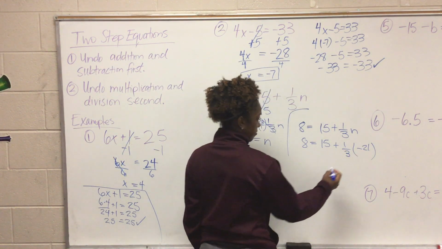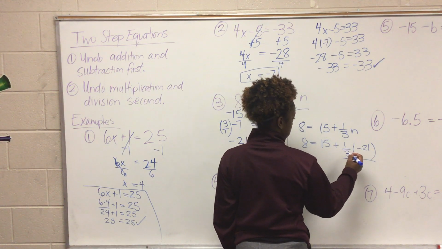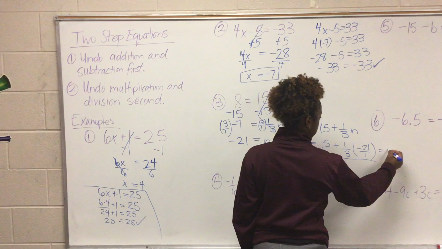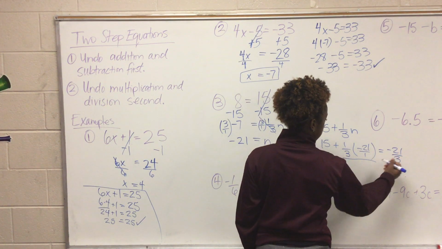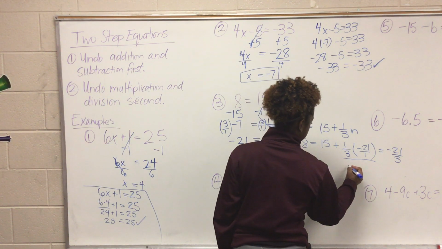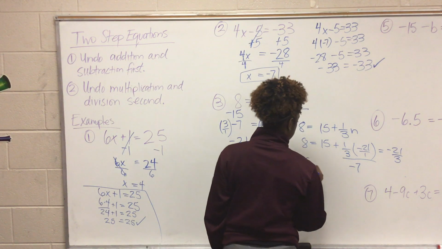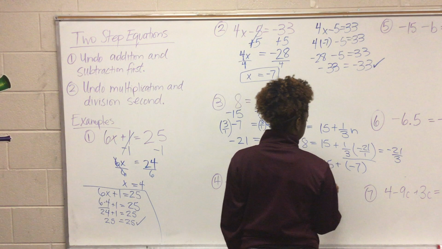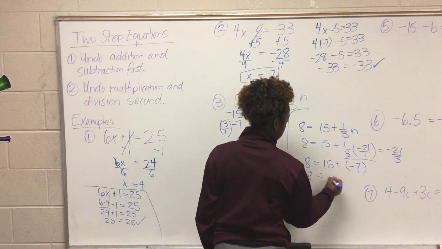We do multiplication first. 1/3 times negative 21 will give you negative 21/3, which is negative 7. So we got 8 equals 15 plus negative 7, which will give you 8.